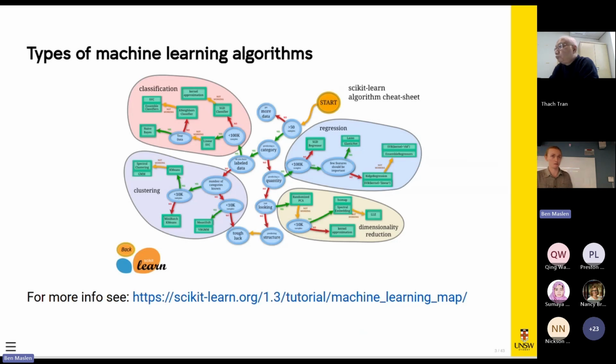A popular machine learning library or package is the scikit-learn package. This is a classic diagram of some different machine learning algorithms that it has, and it recommends which to use depending on the type of data you have and the objective of your machine learning algorithm. Generally when we're doing machine learning, we're trying to do some sort of prediction.